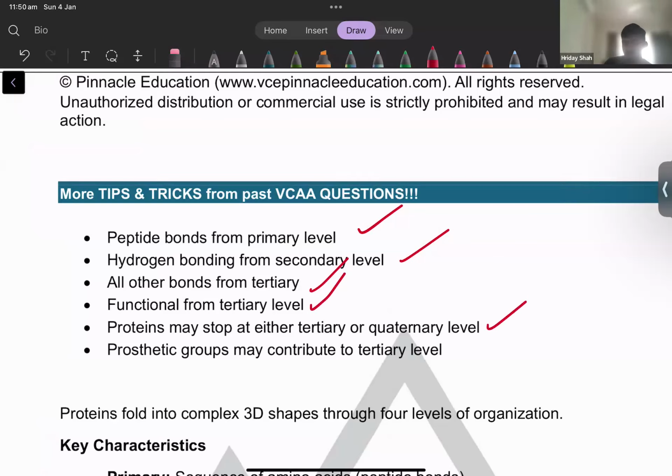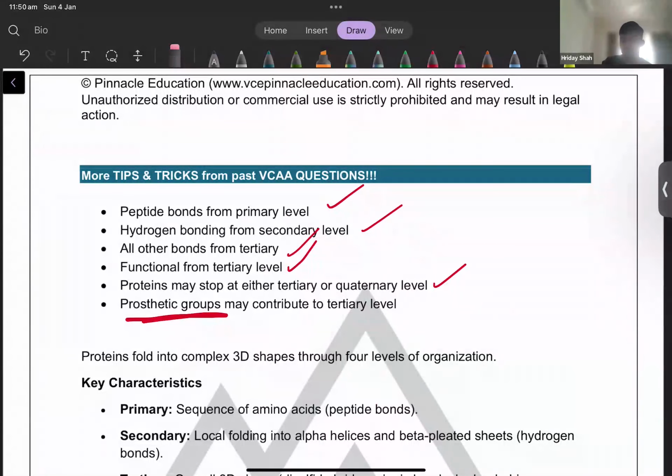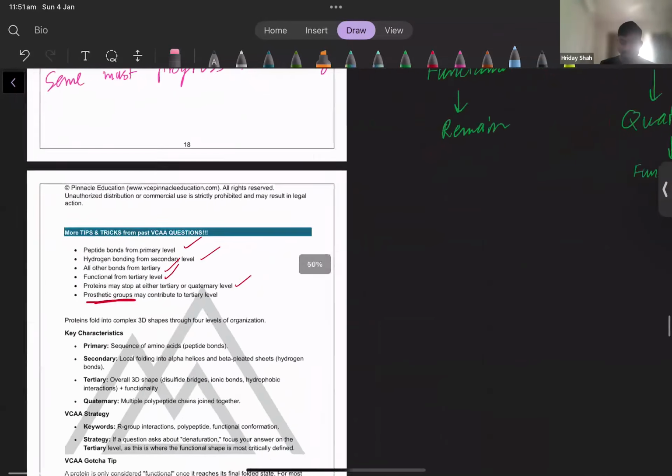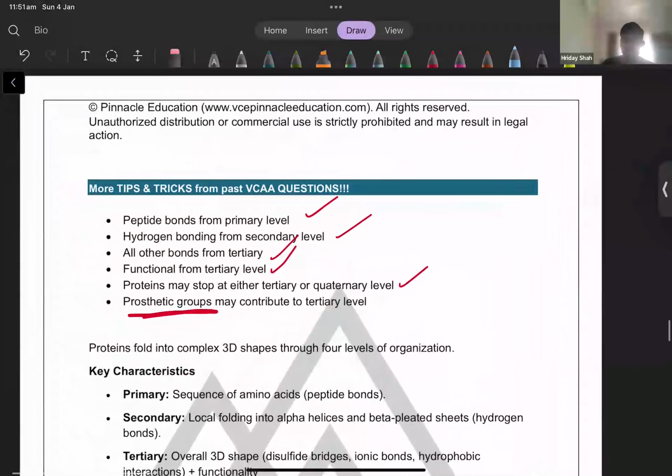Now, lastly, we have something called prosthetic groups. It might be a little bit tricky to introduce this now, so I will probably recap this later on in the lesson. But a prosthetic group is something where, imagine a polypeptide chain intertwined with another type of biomacromolecule.